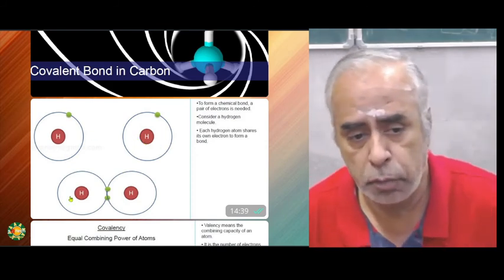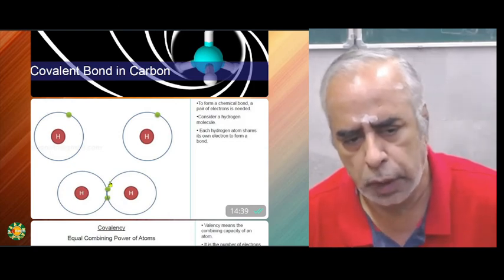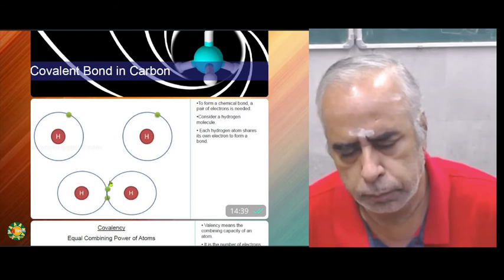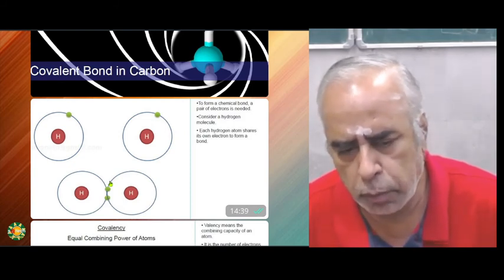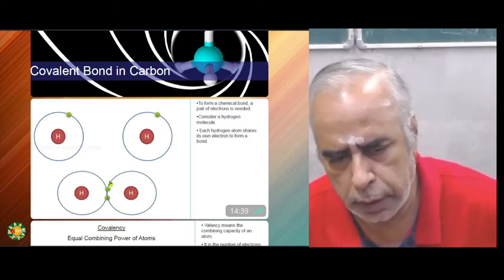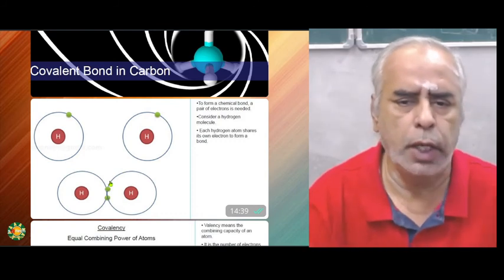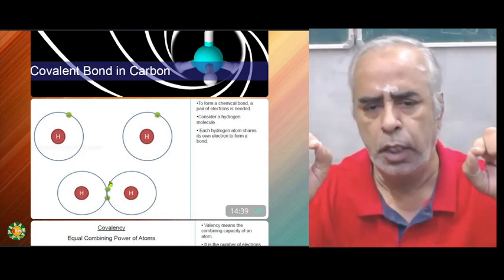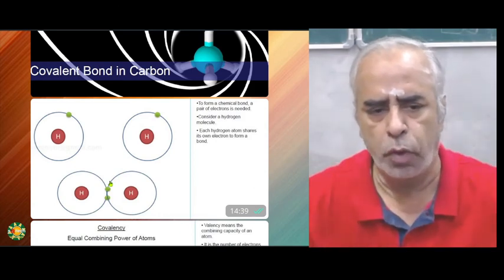But when they come together, there is a chance of overlapping of orbitals. When I say chemical bond, two electrons are needed, but in books they show a dot, another dot representing an electron, and by connecting this you form a bond.